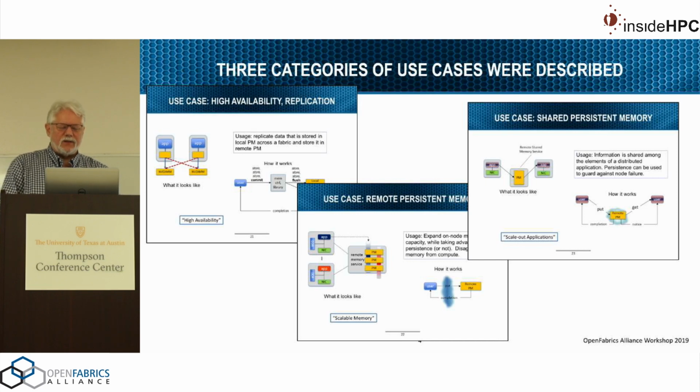But there's a couple of others that occurred to me. One was what I called shared persistent memory, and I'll talk a little bit more about what that means. Again, that's a review from last year. And this idea of remote persistent memory, or an extension of the local memory out into the fabric. So really 3 use cases that I wanted to focus on.